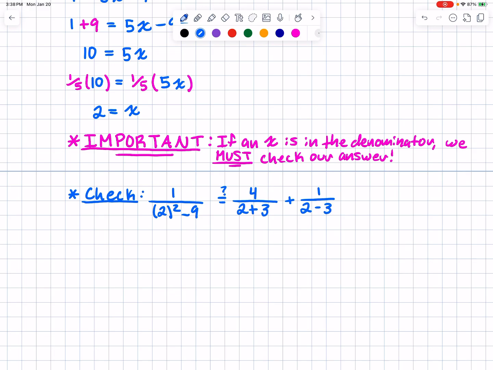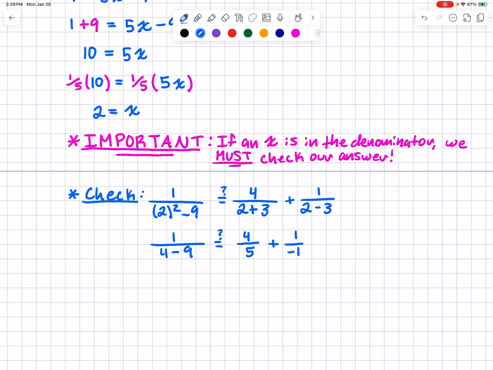Well, let's find out. On the left-hand side, that will give us 1 over 2 squared is 4 minus 9. Does that equal? On the right-hand side, we have 4 over 5 because 2 plus 3 is 5. 4 over 5 plus, now 1 over 2 minus 3, that's going to be 1 over negative 1.